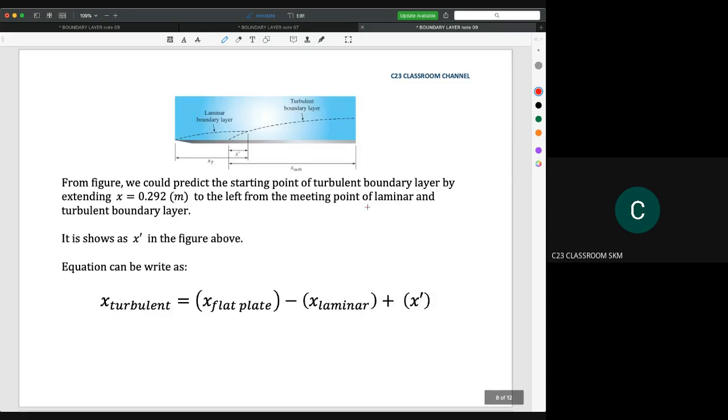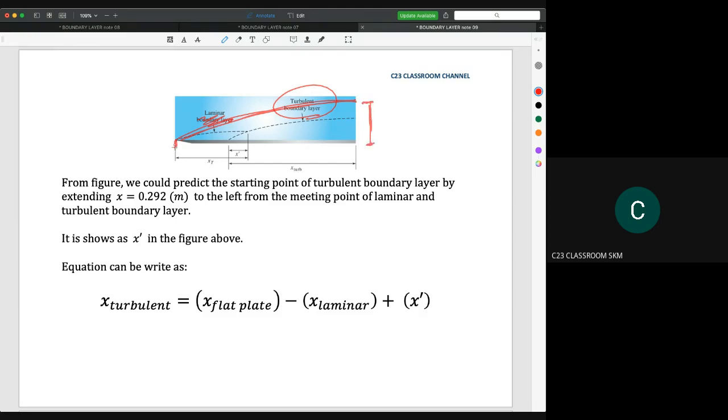In the previous calculation, if we assume it is 100% turbulent, meaning we neglect the laminar boundary layer, the thickness is a little bit thicker because we assume turbulence from the starting point.